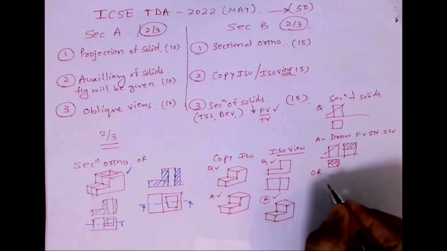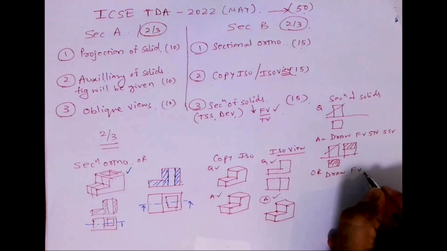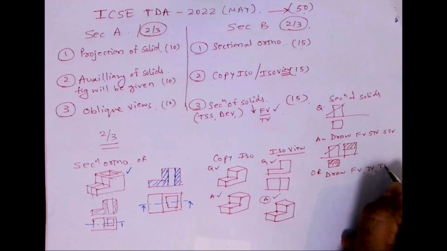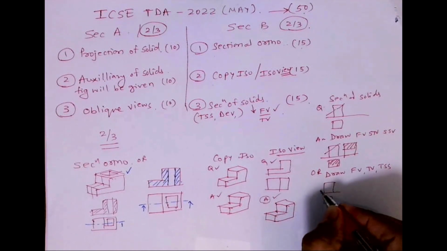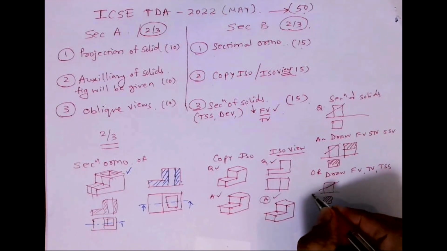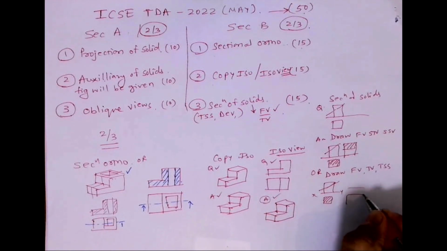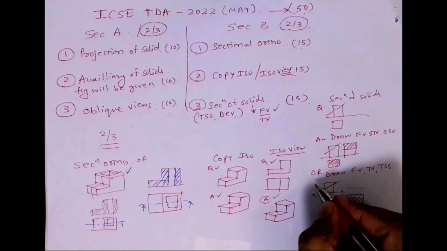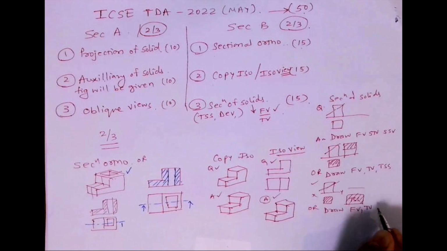Or they'll ask you to draw front view, top view and TSS. Actually it should be front view and sectional top view, and you need to draw TSS. Got it? Or they'll ask you to draw front view, top view and development.